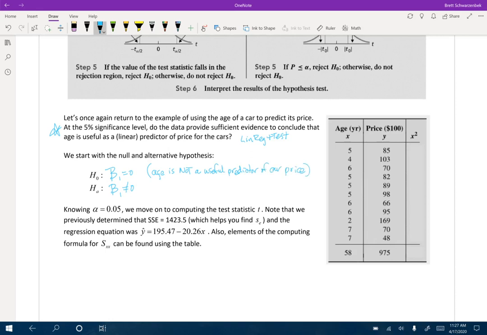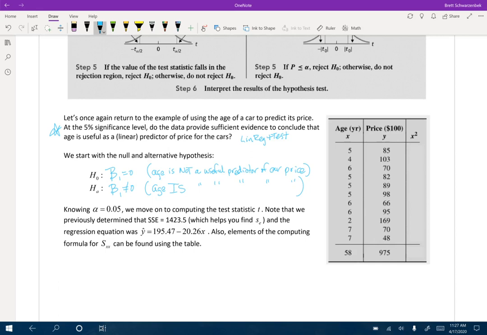And any other scenario would be that age is a useful predictor of car price, right? So remove the not. So this is essentially our null and alternative.